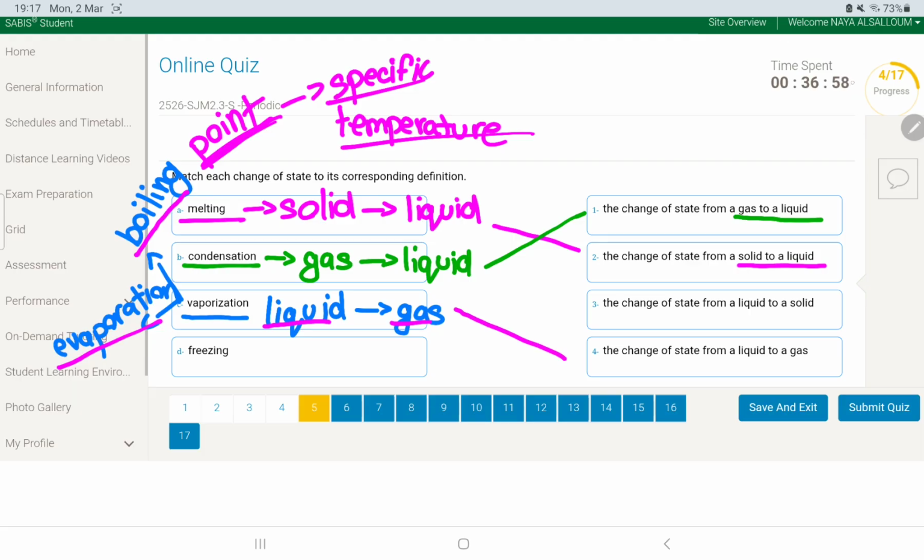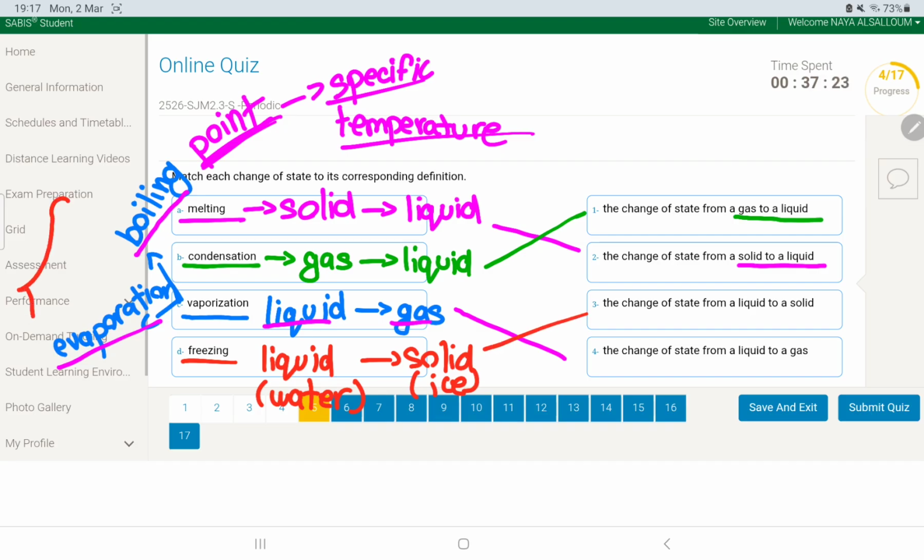Now the last one, the easiest one, freezing. Freezing, it's when it changes from a liquid, for example water, to a solid, which is ice. So which one says liquid to solid? This one here. So here, it's really easy. They're just testing you on the changes in state. And this is really, really important.